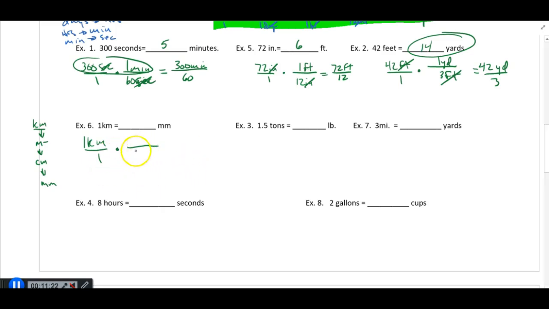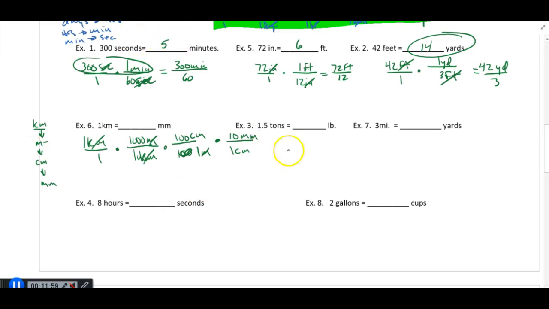So 1 kilometer, we know, is equivalent to 1,000 meters. Kilometers cancel out. Times, now, we know 1 meter is equal to 100 centimeters. Meters cancel out. And now, in this case, I know 1 centimeter is equal to 10 millimeters.